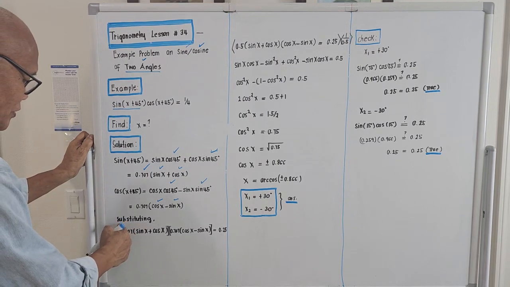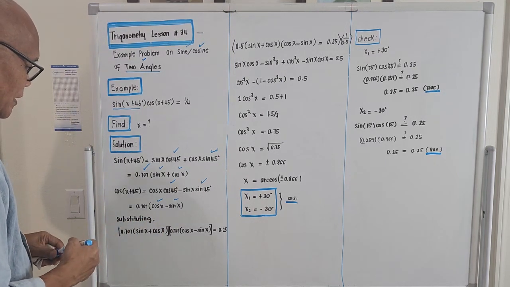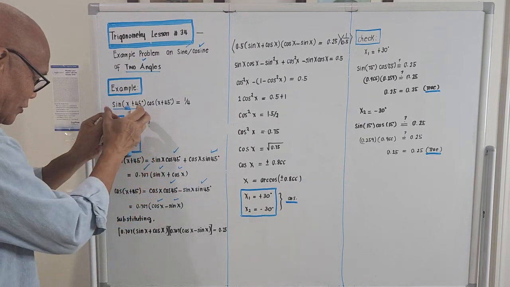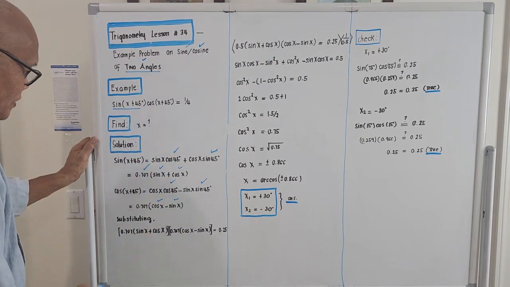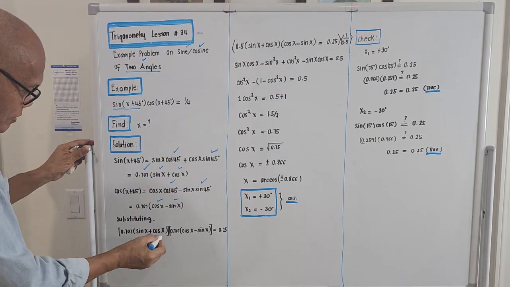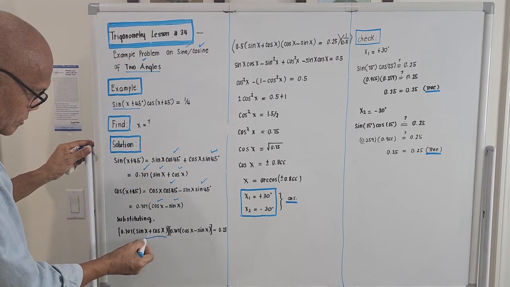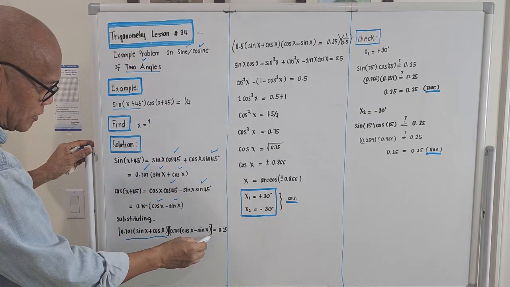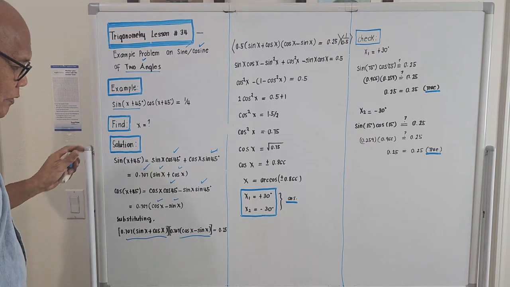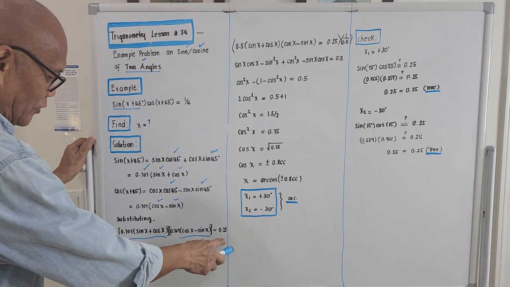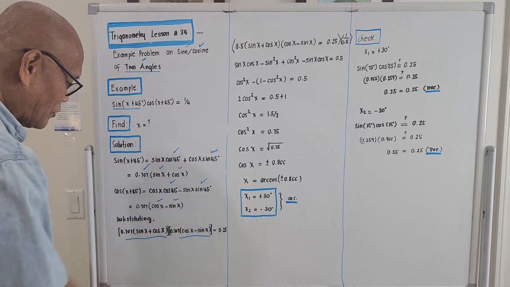So substituting the resulting expansions, we place them in the original problem. So the sine of the quantity x plus 45 will be this value here, and the cosine of the quantity x plus 45 is actually this one here. Then this should be equal to 0.25. The operation is multiplication, right?